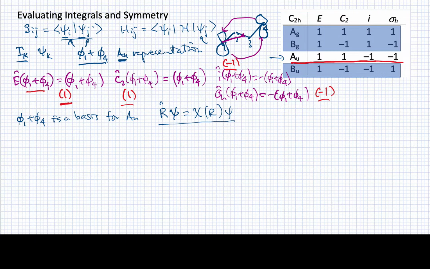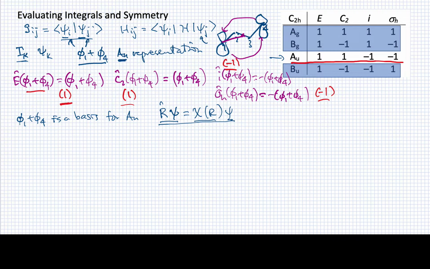This is true any time we have a function that can serve as a basis for an irreducible representation: the operation of the operator simply gives the character times the function. So that is a great labor-saving device, as we shall see.